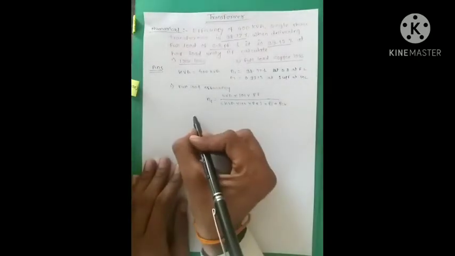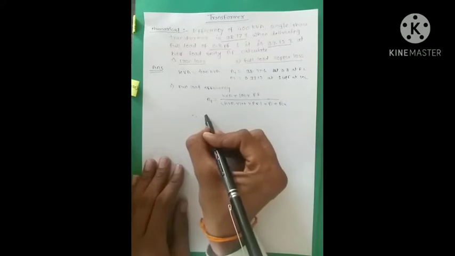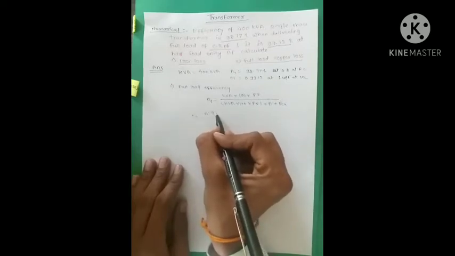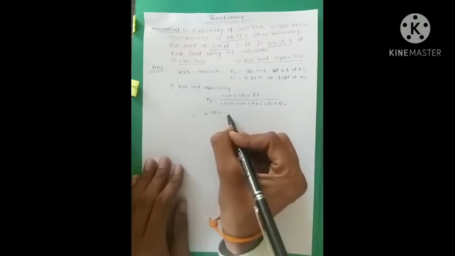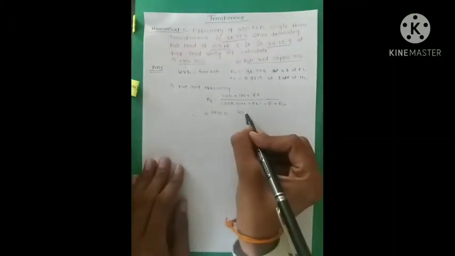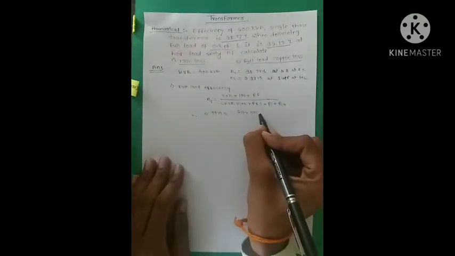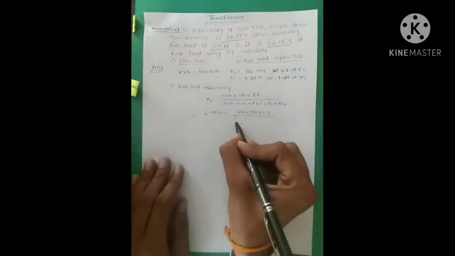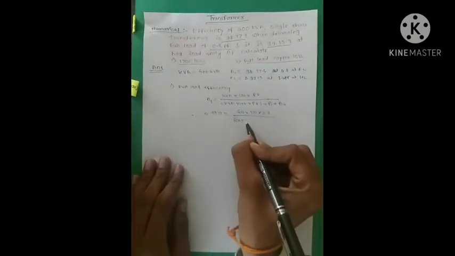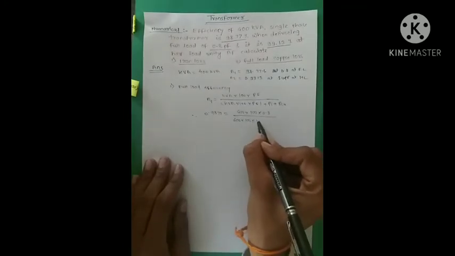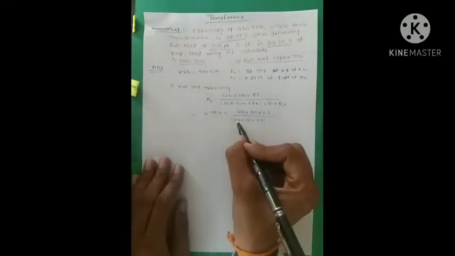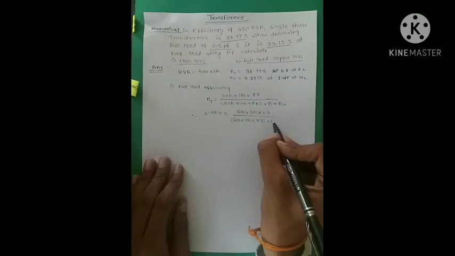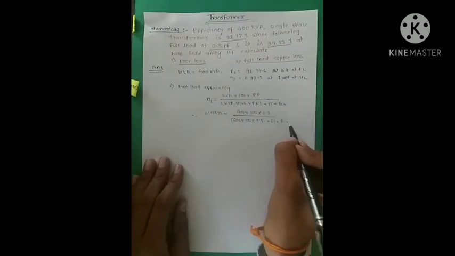So therefore efficiency is given: 0.9877 equals 400 into 100 into the power factor 0.8, upon 400 into 100 into 0.8 in bracket, plus PI plus PCU.